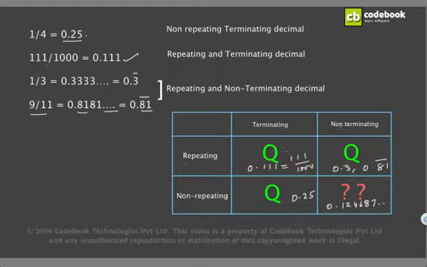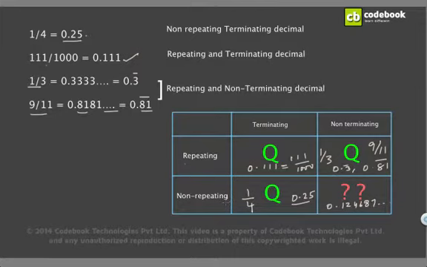Similarly, in the repeating non-terminating case, we have seen 0.3 bar and 0.81 bar, and again all of these have a p by q notation, like 1 by 3 and 9 by 11. So these are also rational numbers. Whereas in the case of non-repeating terminating, we have seen numbers like 0.25. Again, these are rational numbers because they have a p by q notation, 1 by 4.